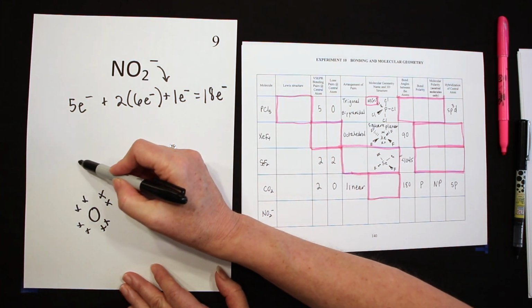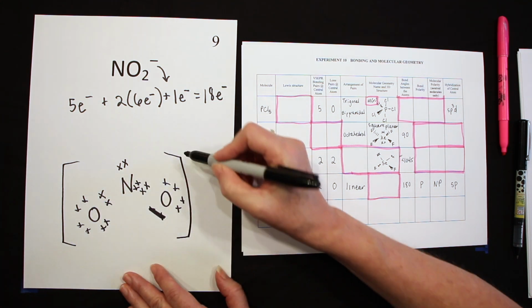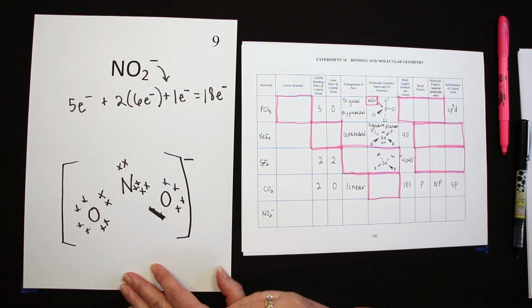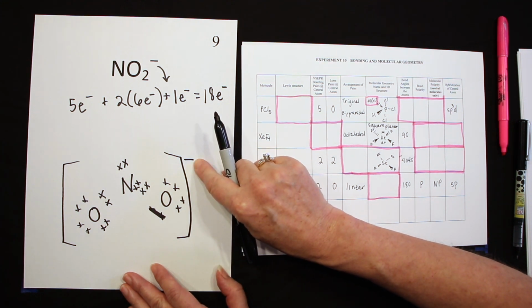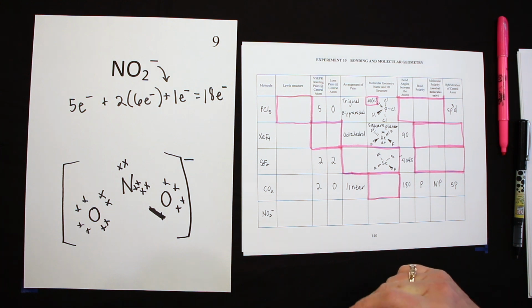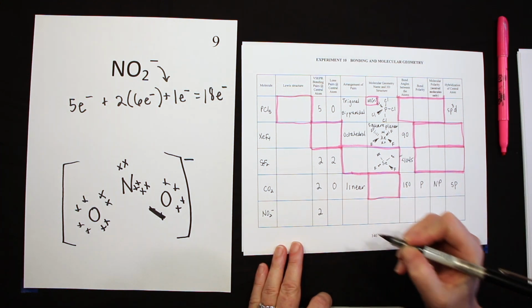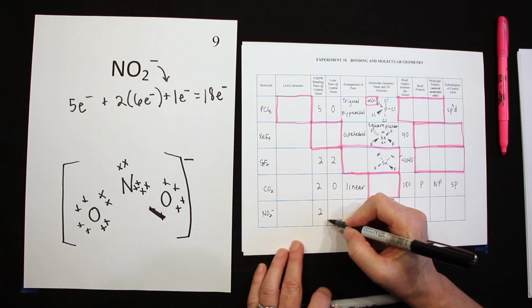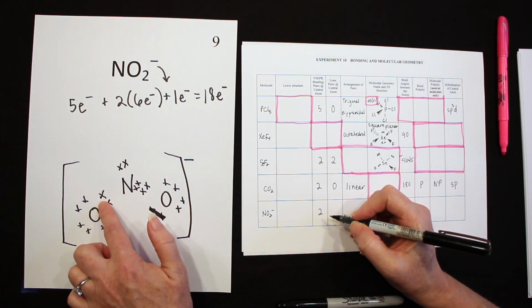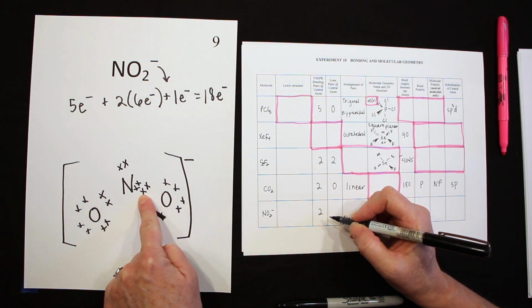Since this is an ion, in your Lewis structure, you need to bracket it and put the ion charge as a superscript. We'll see that it has two bonding pairs, 1, 2, and again, VSEPR does not care whether that's a single, double, or triple.